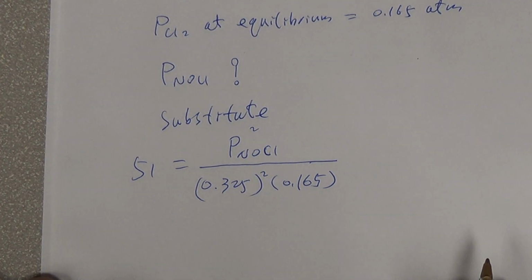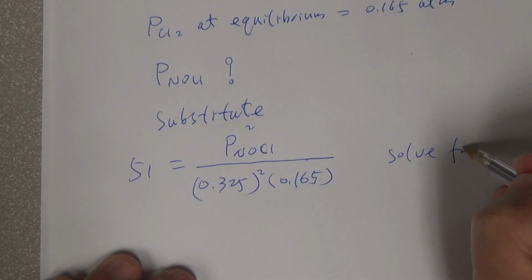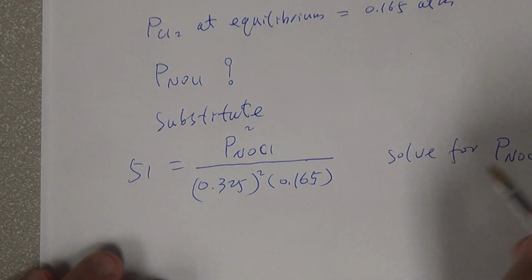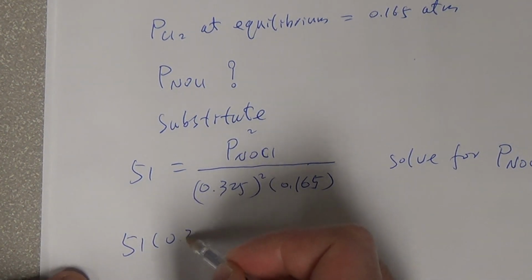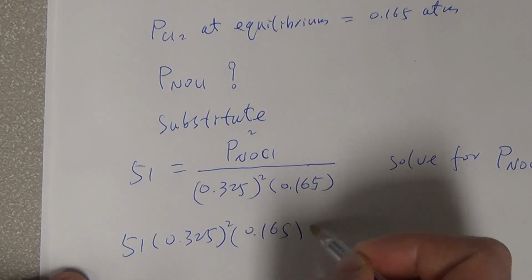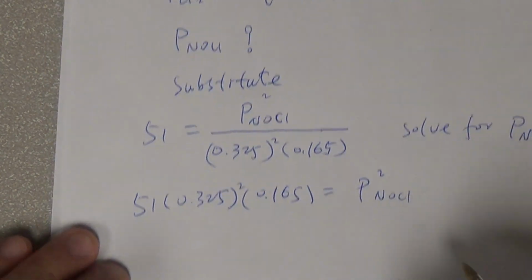Okay, so we can solve this equation. So solve for P NOCl. 51 times 0.325 squared times 0.165 equals P NOCl squared.